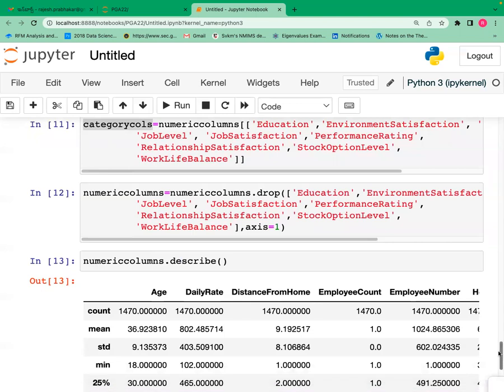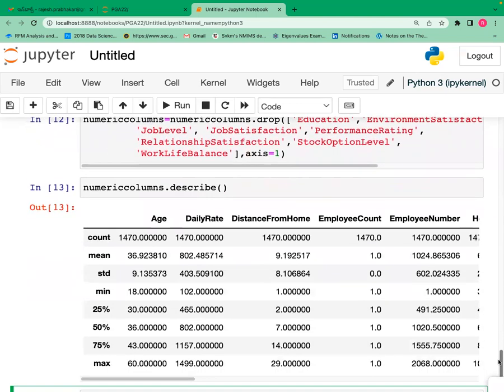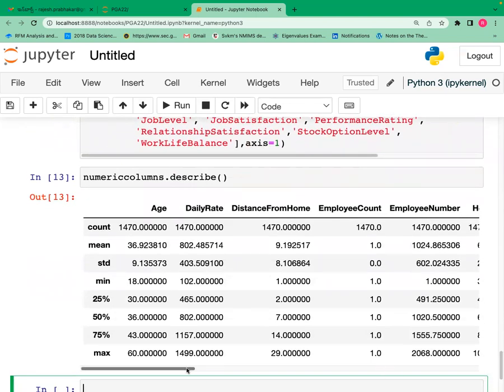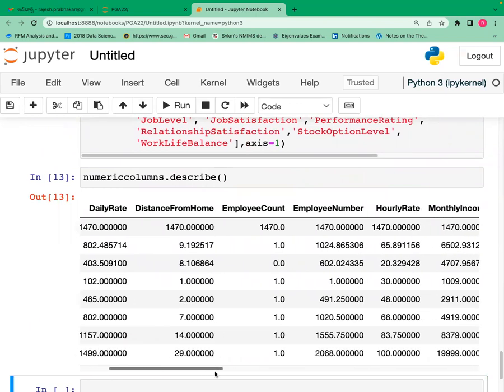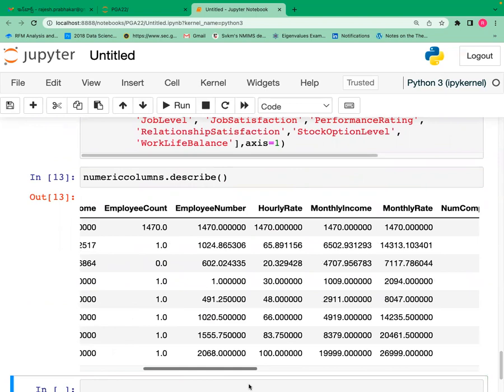So what are the single value columns? Employee count is single value. Employee number, anyway, we will drop it. It's like an ID, employee ID. Hourly rate is not singular. Monthly income, not singular. Monthly rate.